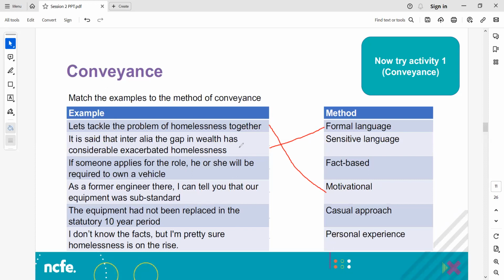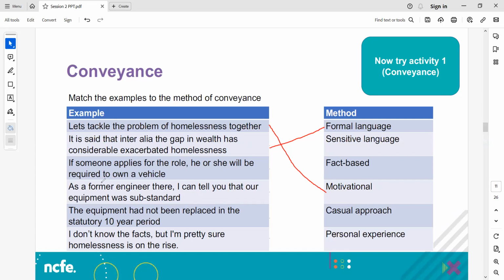So has anyone else got, what do they think? Personal experience. Okay. It's personal experience. So I can see why you think that. Let's leave that one. Let's come back to that one because it's a bit tricky.